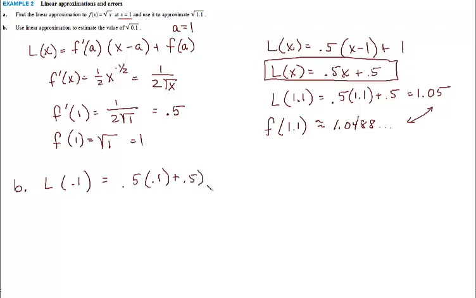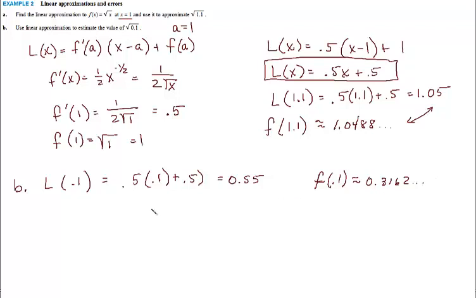And when I do this, I'm going to get 0.55. On my calculator, I get that f of 0.1 is more like 0.3162, which is kind of far off.